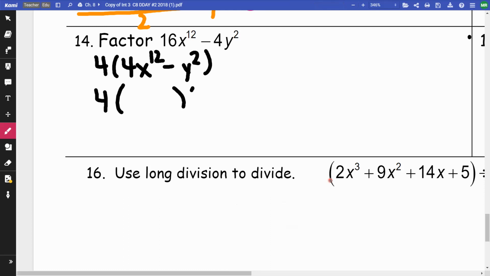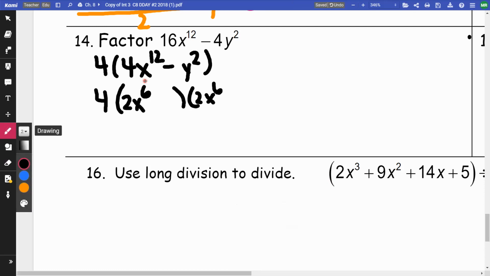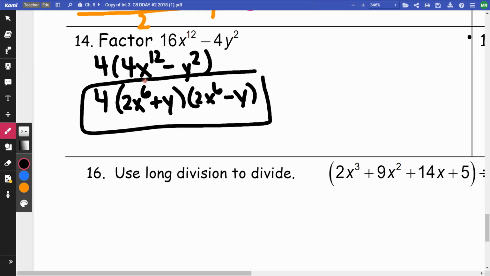So when I am doing this, the square root of 4x to the 12th is going to be 2x to the 6th. And the square root of y squared is a y and then a negative y. And that is my answer.